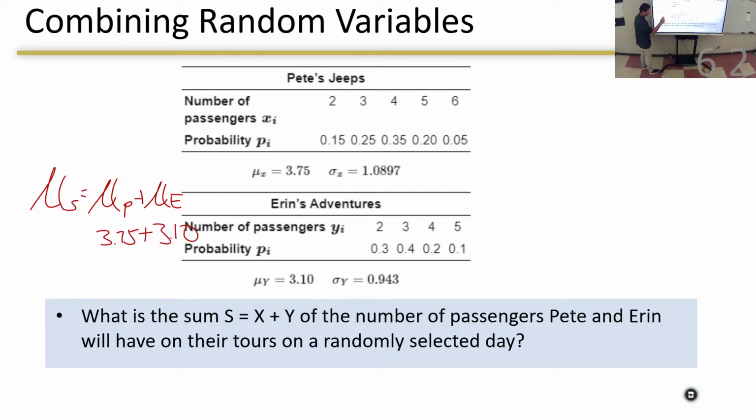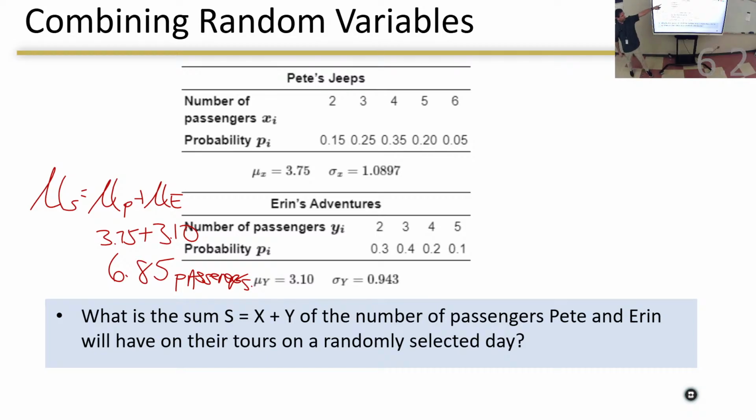That's 6.85 passengers on a randomly selected trip. On our paper, it says what's the total number of passengers they will have on a randomly selected day? Same thing. Yep, the total. On the average, the total number of passengers that they will take on a trip is 6.85 passengers.